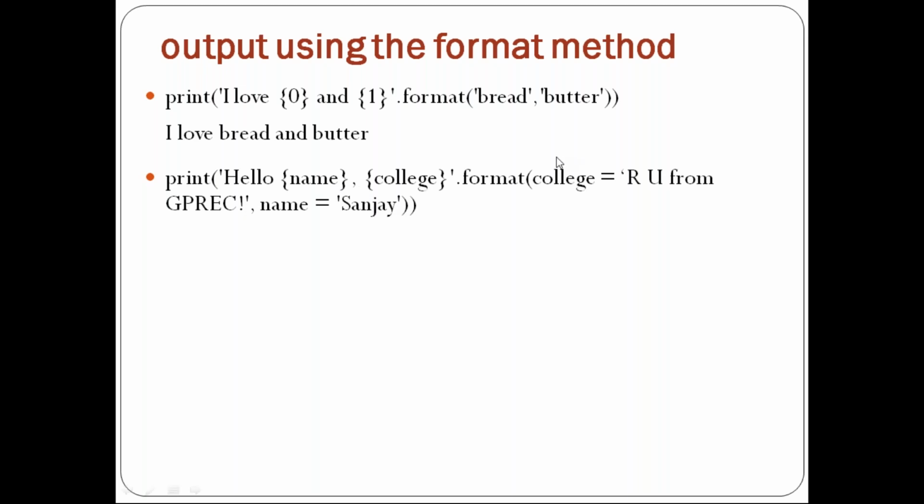I will explain what keyword arguments are while discussing functions. Wherever college is set, the value assigned to that keyword will be replaced. Wherever name is available, Sanjay will be replaced. So we will be getting hello Sanjay, are you from GPREC? That kind of message will be displayed.